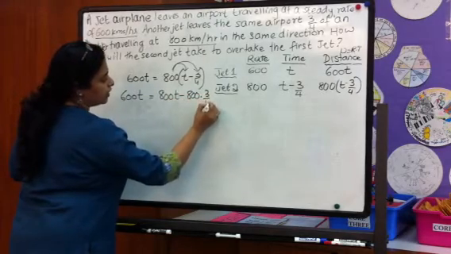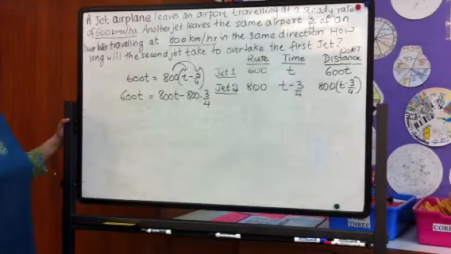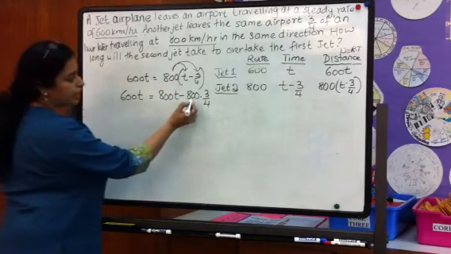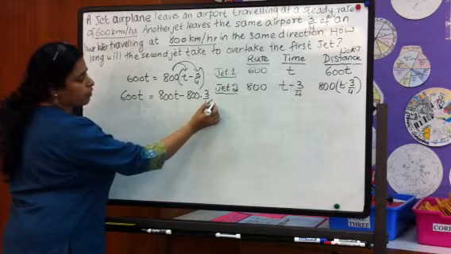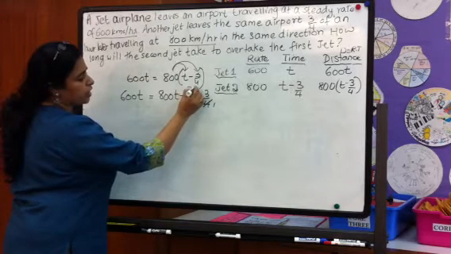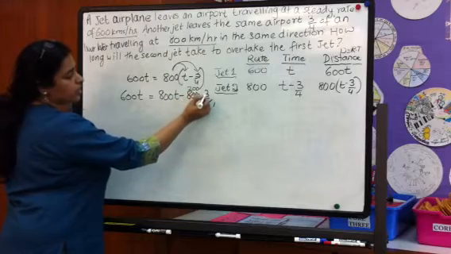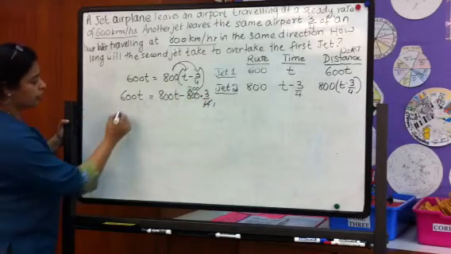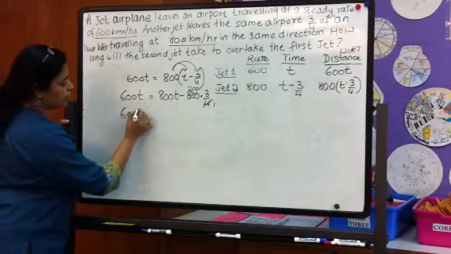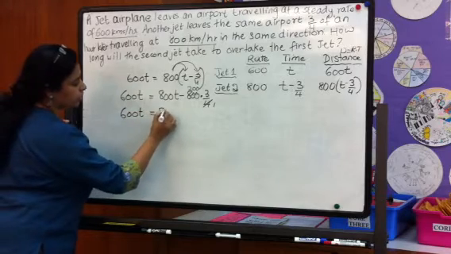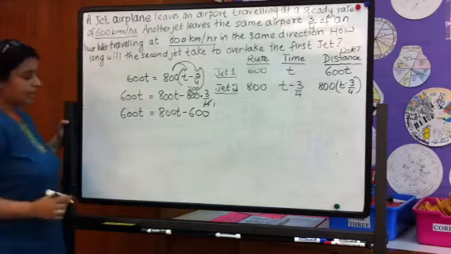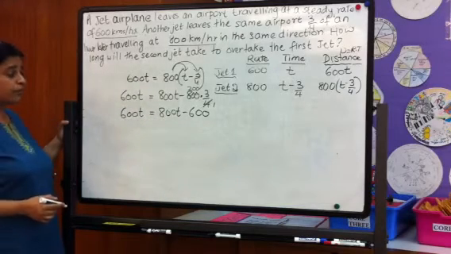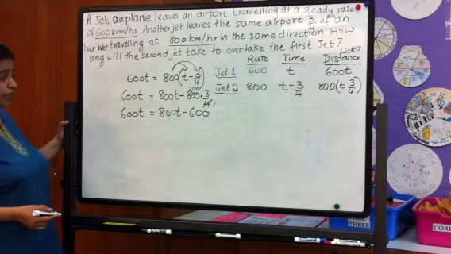I can see that 800 times 3/4, 4 definitely goes into 800 200 times. So 200 times 3 will give me 600. Let me not forget all the other parts of the equation. Now our equation has been simplified and it's ready for solving.